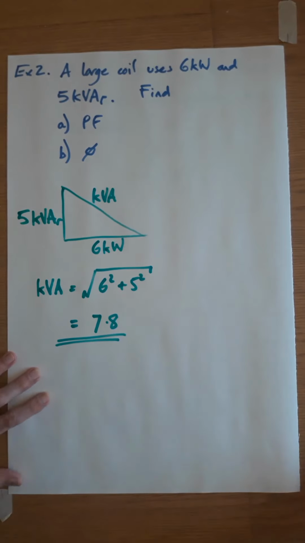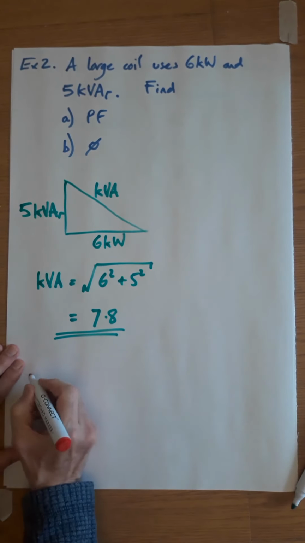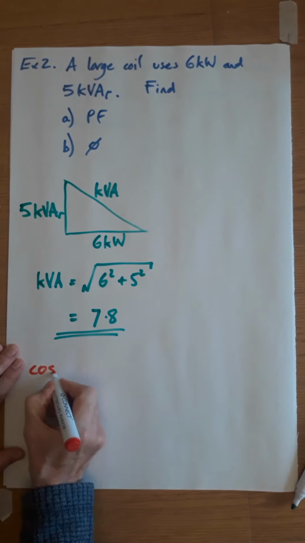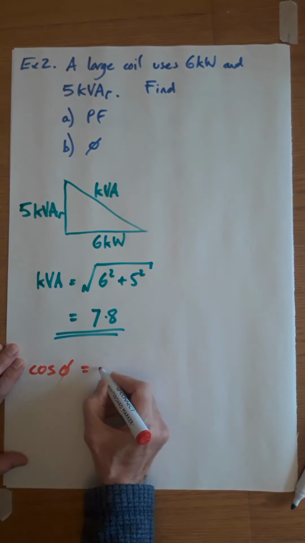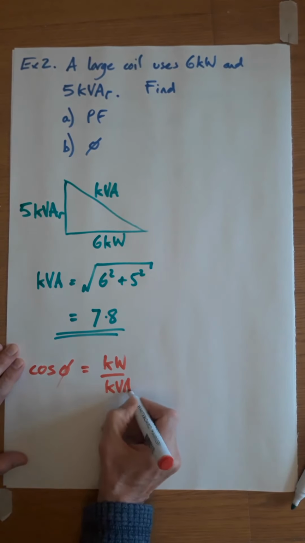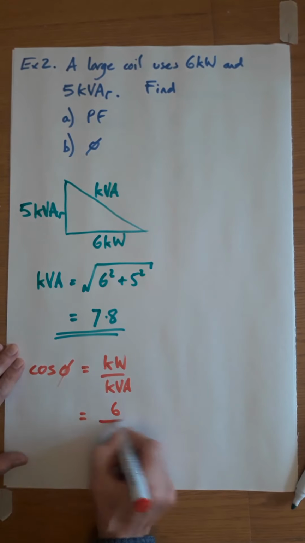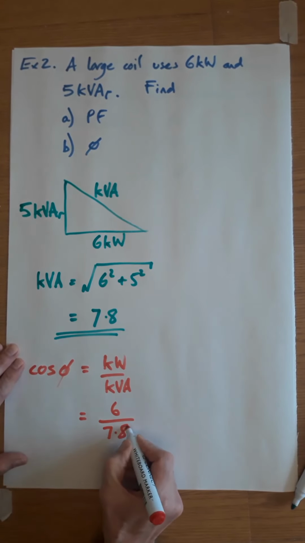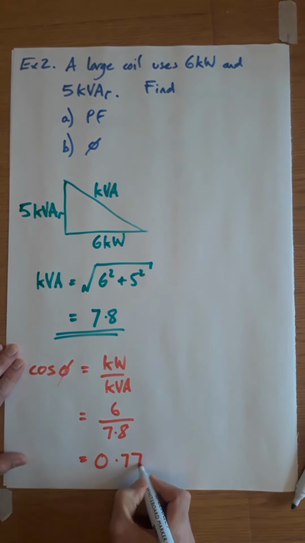We can now do the power factor. So power factor cos phi equals kW over kVA. Put the numbers in. kW is 6, kVA is 7.8, and the answer to that is 0.77.